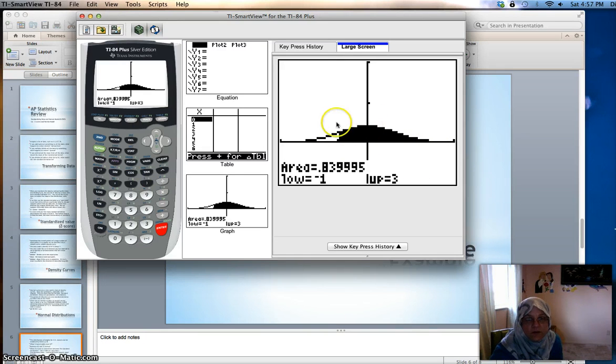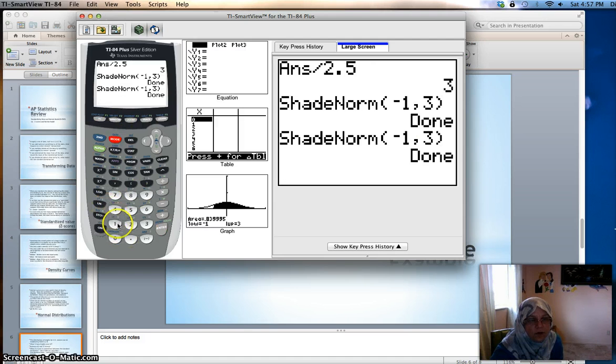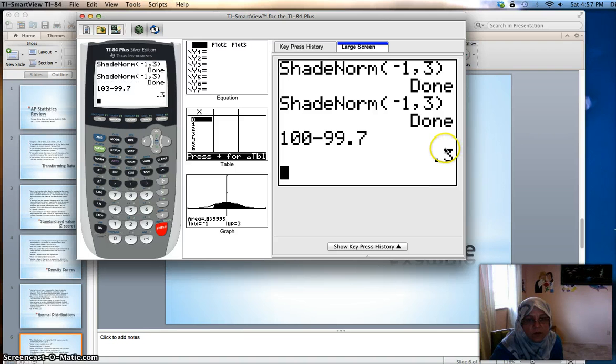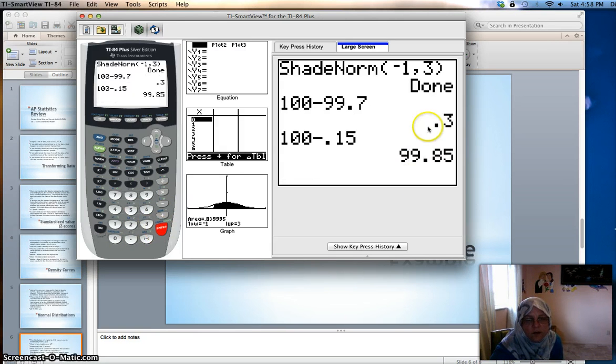Well, this was at 50 minus 34, so this is the 16th percentile, and then 99.7% is between 3 standard deviations above and below. So if we look at 100 minus 99.7, that leaves only about 0.3% in either tail, and so 100 minus half of that, 0.15, tells us what percentile is up at the upper end.